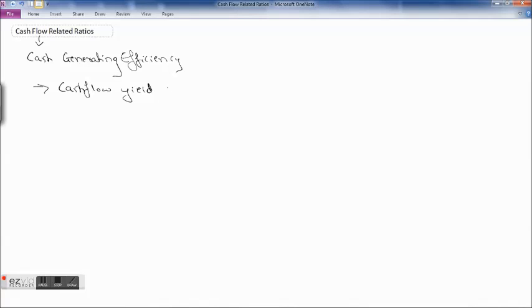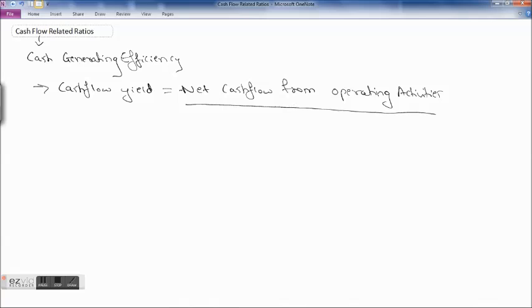So how do we calculate net cash flow from operating activities upon your net income?